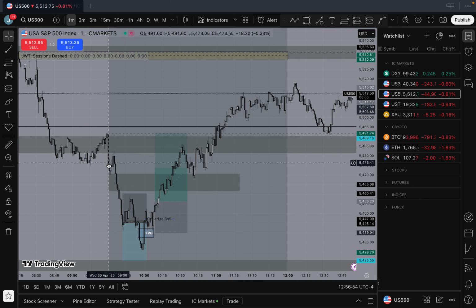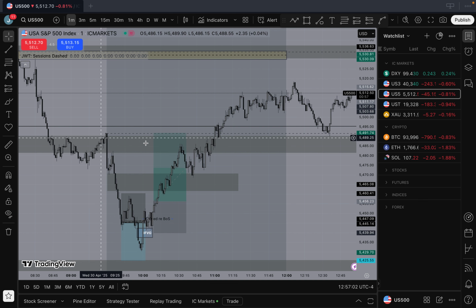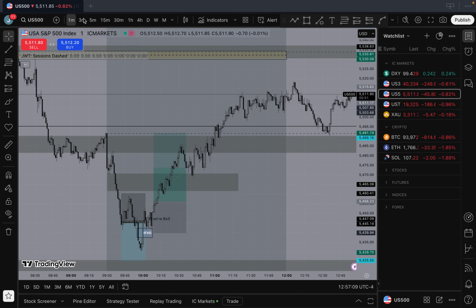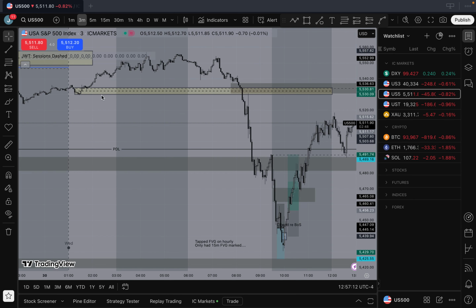And whilst the NASDAQ looked to be pushing up, in reality S&P was already displaced and traded back up into this 15-minute fair value gap before a further push down. Yeah, it's just one of those. So took a loss there.